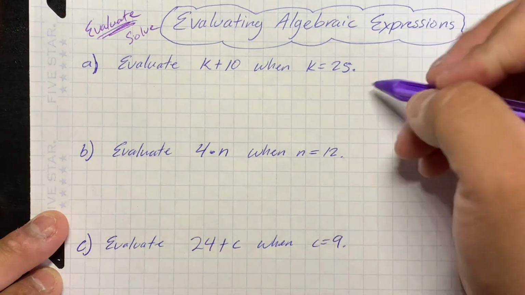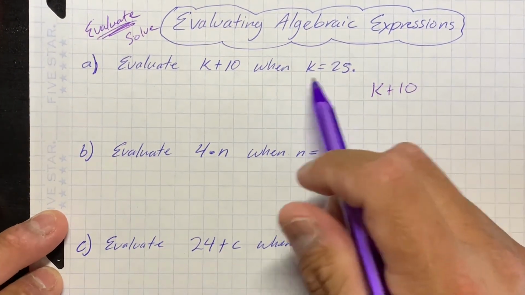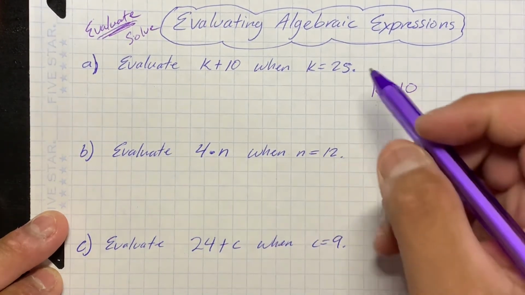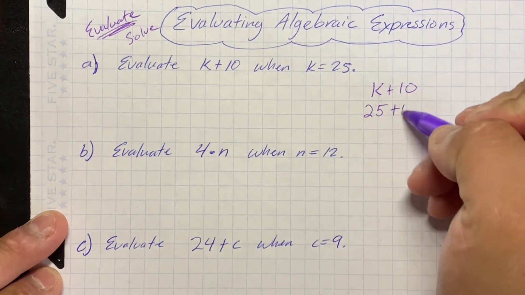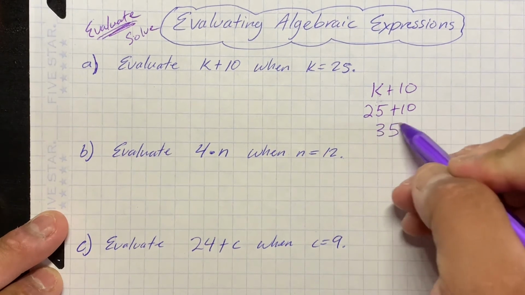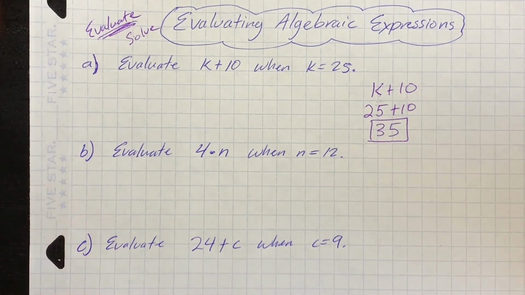This is so simple. You have k plus 10, and it even tells you the value of the variable. So k equals 25. So you have to substitute 25 for k. Now what's 25 plus 10? 35 is your answer in the algebraic expression. There you go. That was so simple.